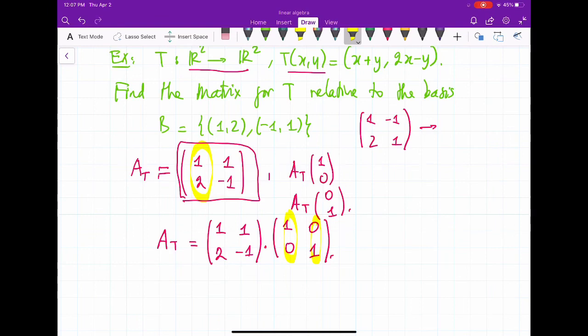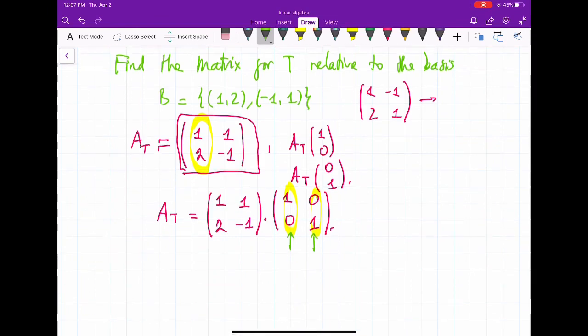And now, if you want to find the matrix for T with respect to another basis, you almost do the same thing. But instead of this column and this column, you have vectors from the new basis. Agree?